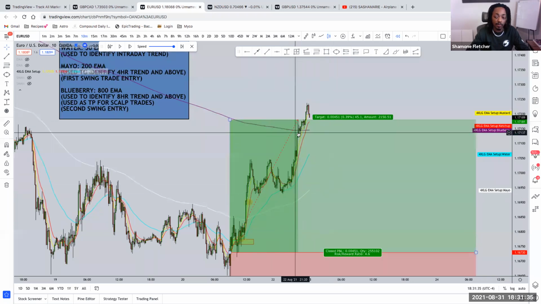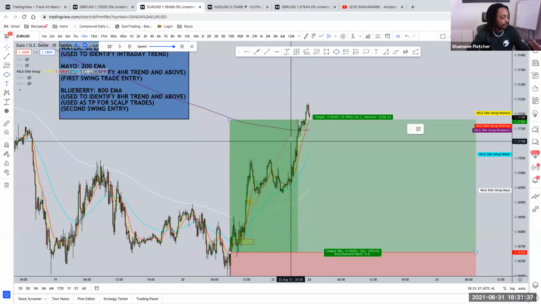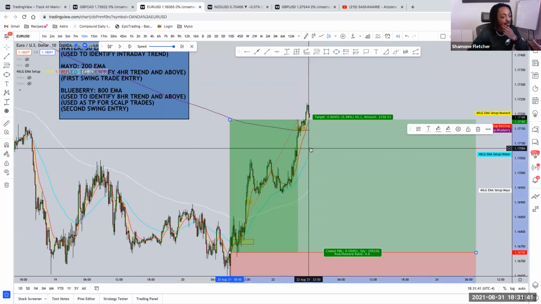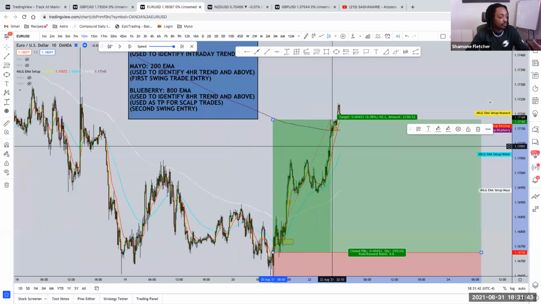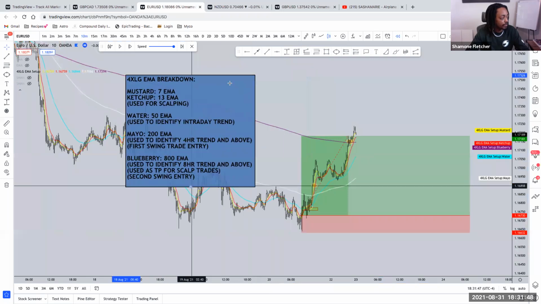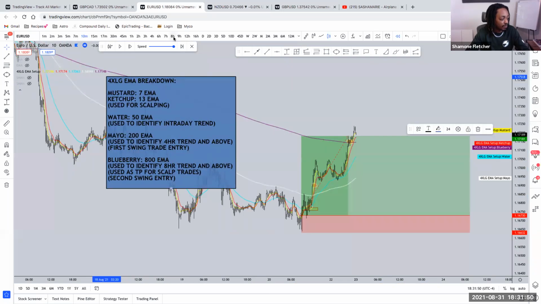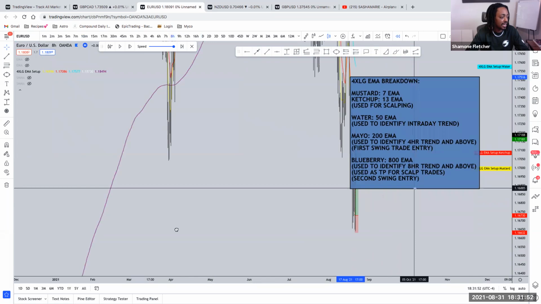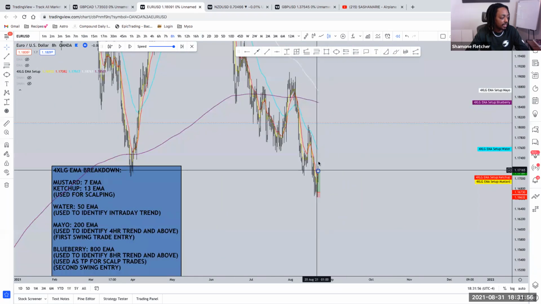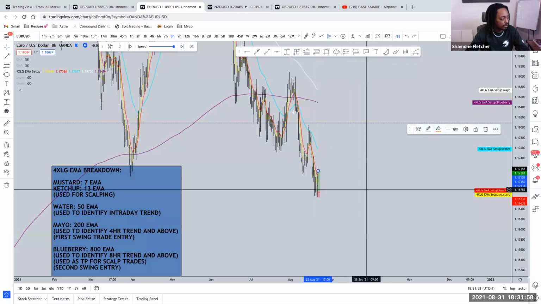Now we are above Blueberry, right? That is your second swing entry. Now, because we know the time frame of Blueberry, go to the 8-hour time frame and ask yourself, where is Blueberry on the 8-hour time frame?